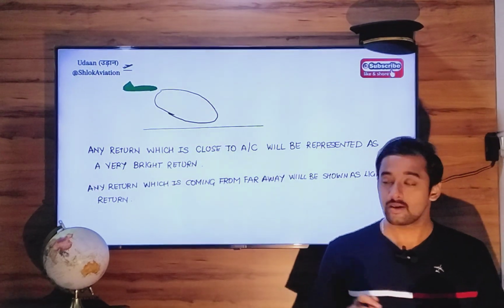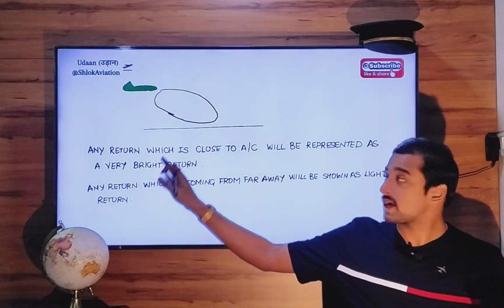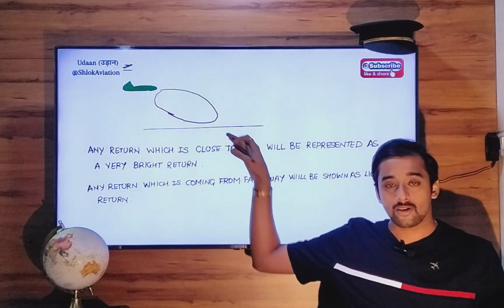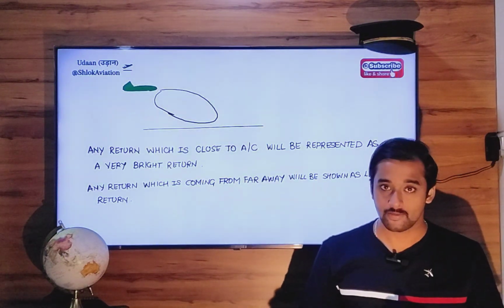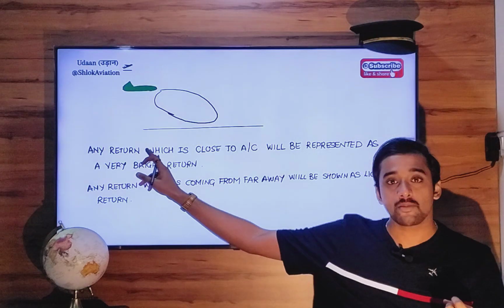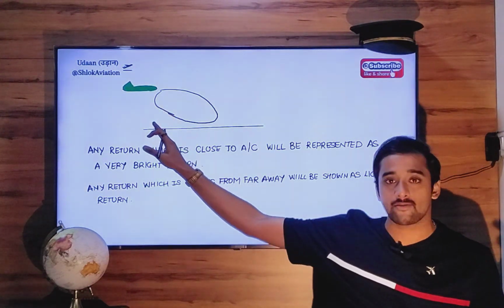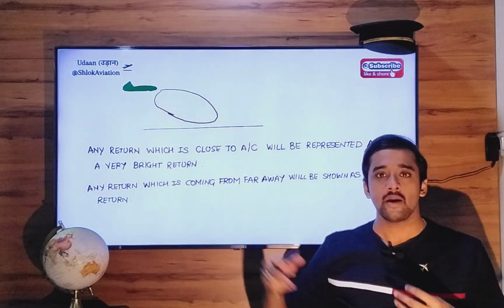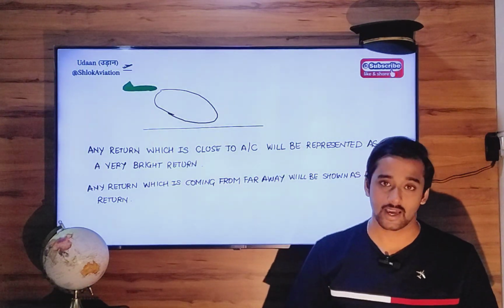In reality, the return coming from a target which is much farther away from the aircraft may be a very important one, and the return coming from a target which is comparatively closer to the aircraft may not be that significant.